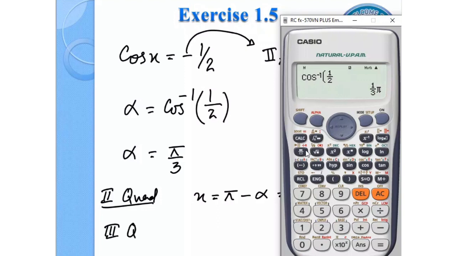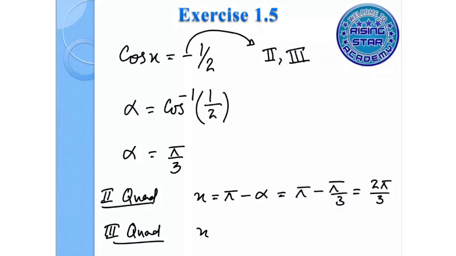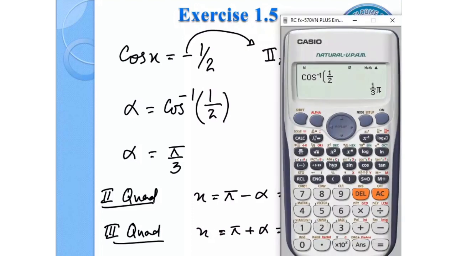For the third quadrant, we will write x is equal to pi plus alpha, so pi plus pi by 3, which would become 4 pi by 3. You can also verify your answer by using the calculator by finding cos 2 pi by 3.